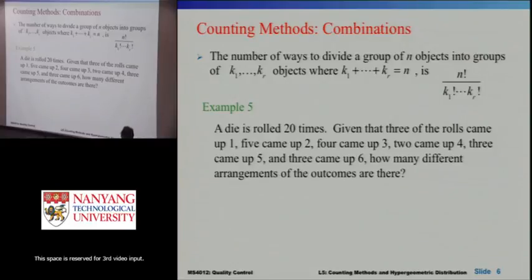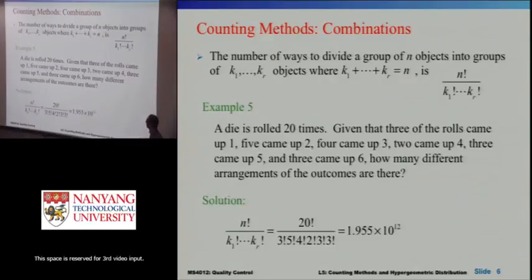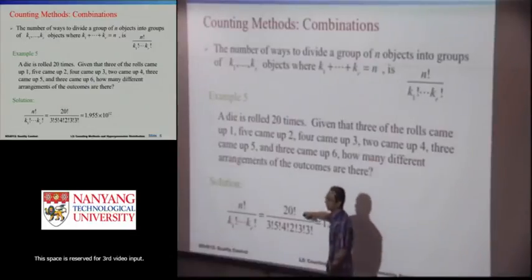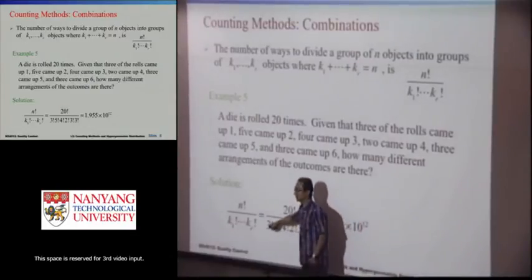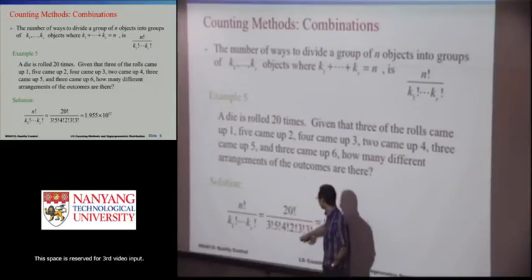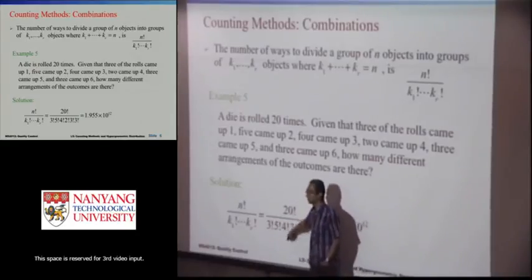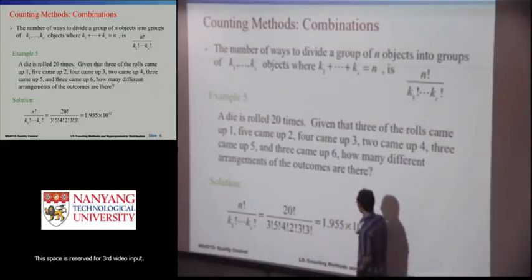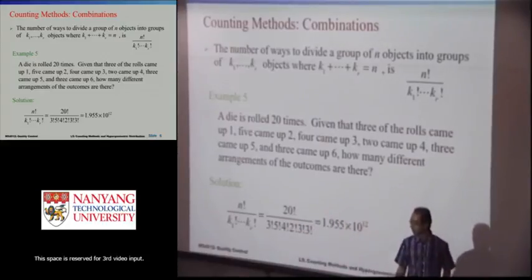As long as in total we have 3 times 1, it is okay. So this is a combination problem, and basically we divide it into 6 groups. We get n factorial, here 20 factorial, divided by 3, 5, 4, 2, 3, 4 factorials. This is 6 numbers, so this is 6 groups. So we get the answer is this one.